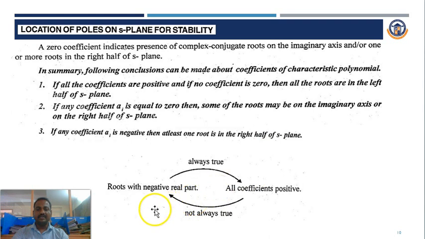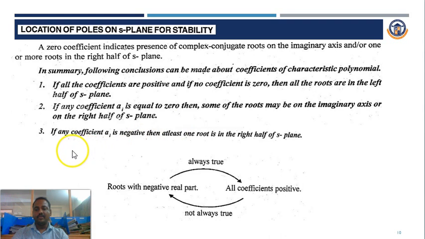Here, based upon the coefficients of the characteristic polynomial, in addition to that, we have to decide that if all the coefficients are positive and if no coefficient is 0, then all the roots are on the left half of the S-plane. If a coefficient is equal to 0, then some roots may exist on the imaginary axis or on the right half of the S-plane.